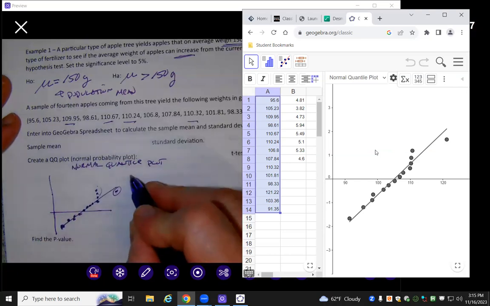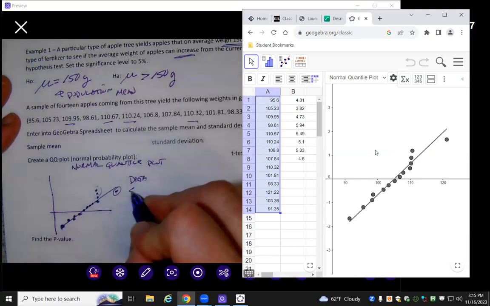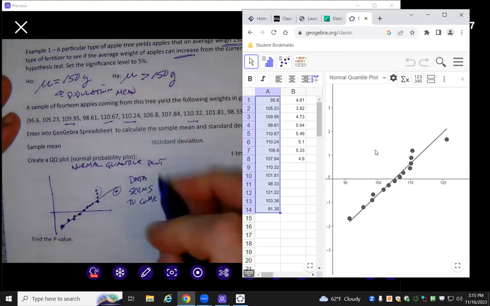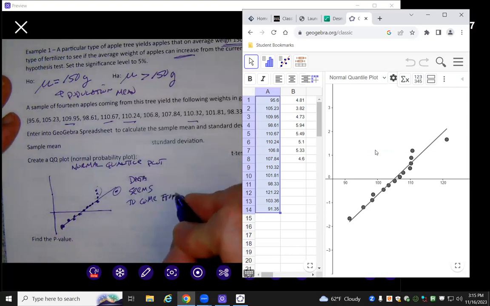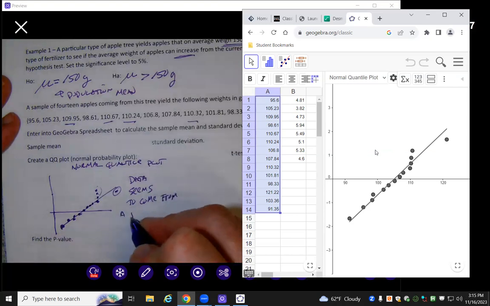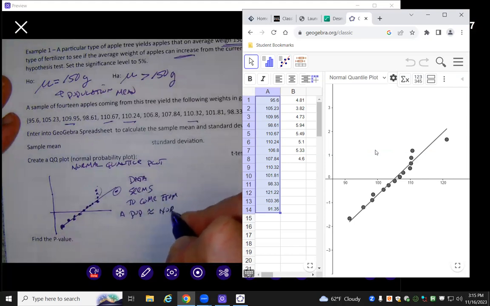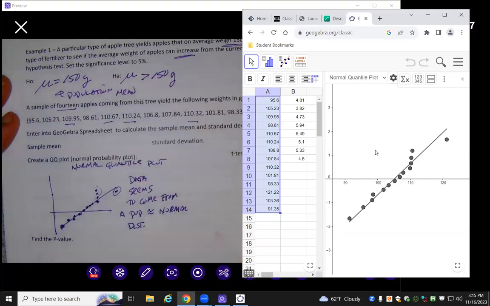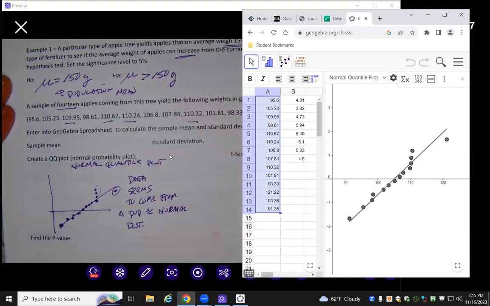The data seems to come from a population that's approximately normally distributed. Not bad. And I'm grabbing 14 values, so even if it was a little bit off, 14 should be large enough to offset any skewness that might appear. Okay, I'm happy with that.